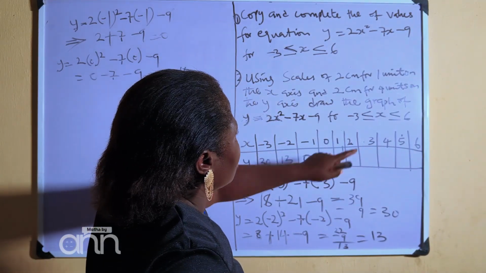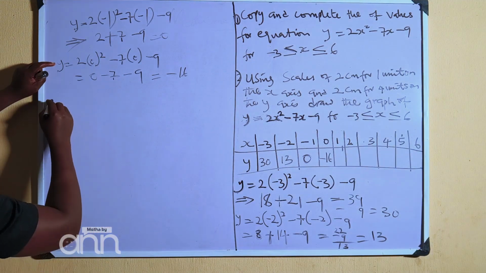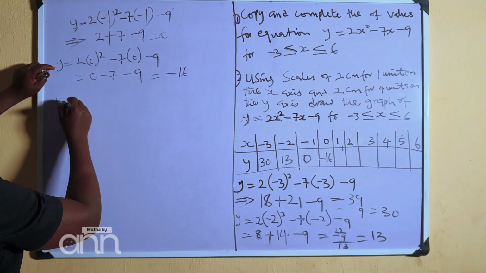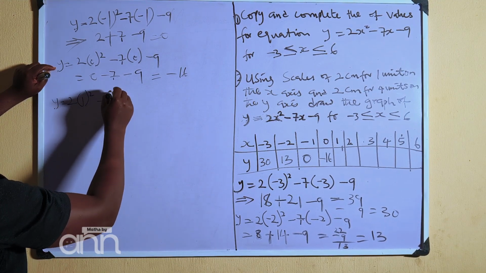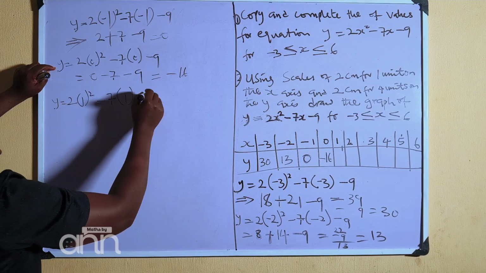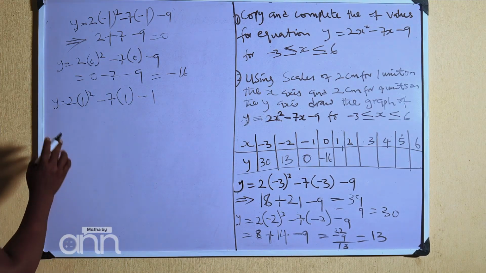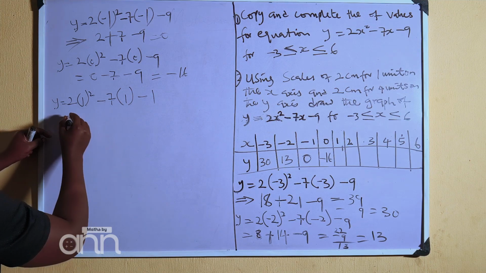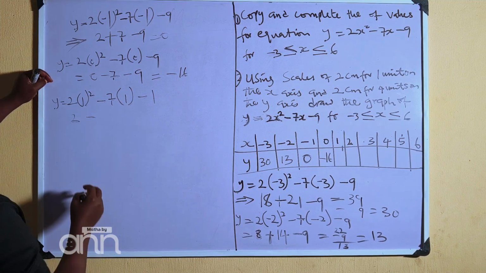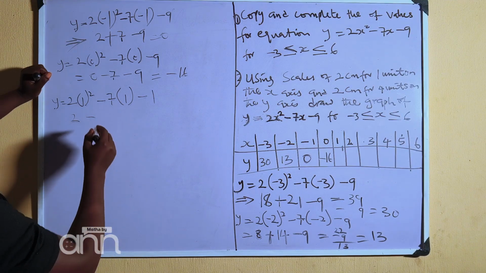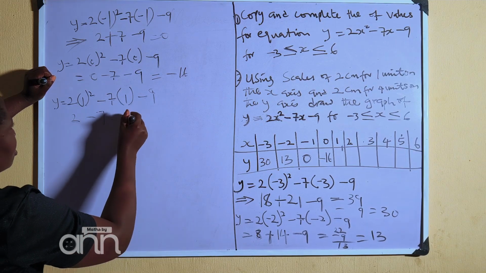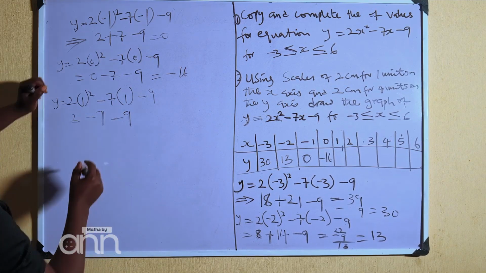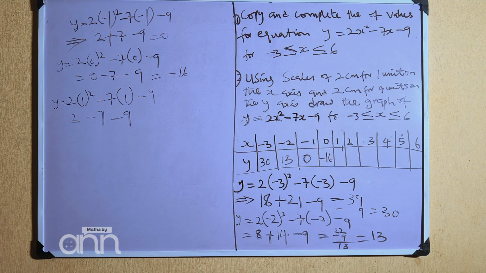The next one is x equal to 1. y equals 2 into 1 squared minus 7 into 1 minus 9. 2 multiplied by 1 squared is 2, minus 7 multiplied by 1 is minus 7, minus 9. 2 minus 7 is minus 5.